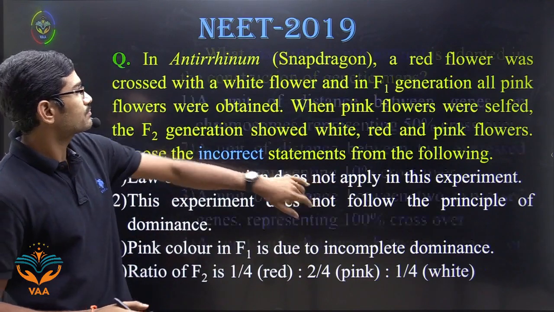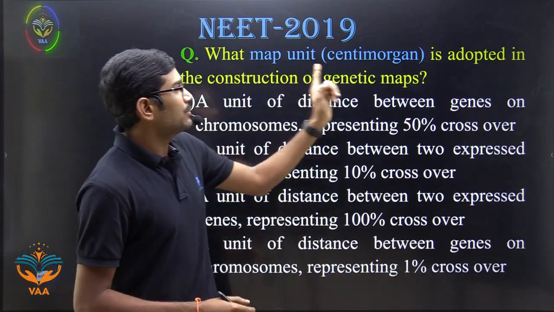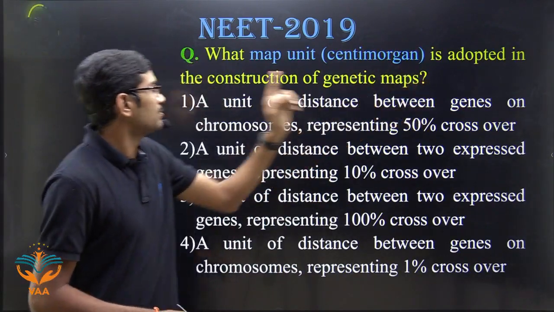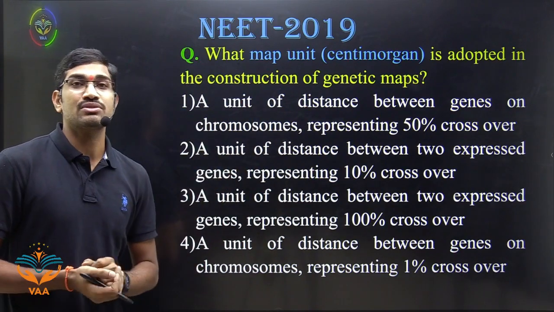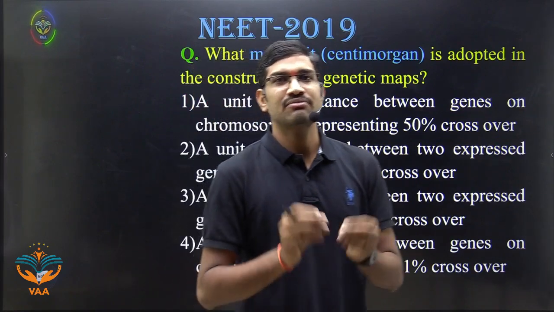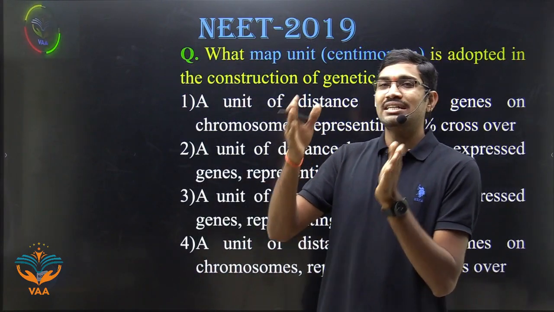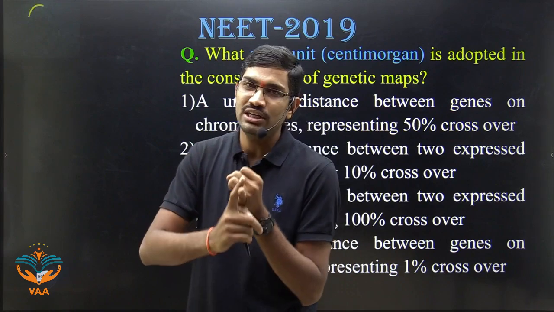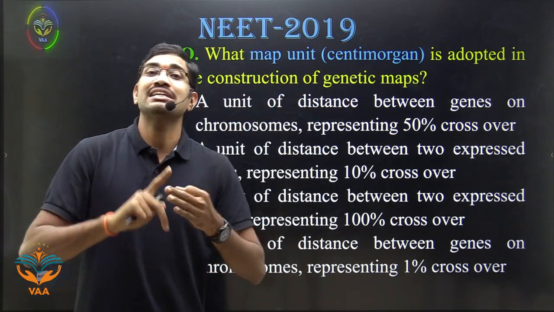Okay, very important. Next one, what is the map unit or centimorgan adopted in the construction of genetic maps? Very, very important concept it is. In the construction of genetic maps, whenever we are indicating distances, we use simply units or map units or centimorgan.